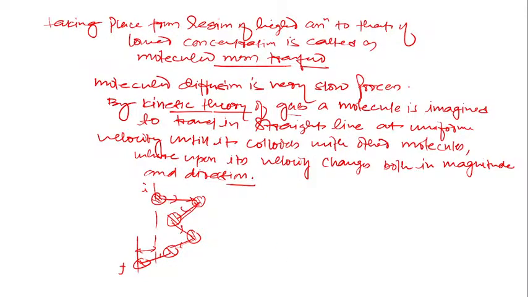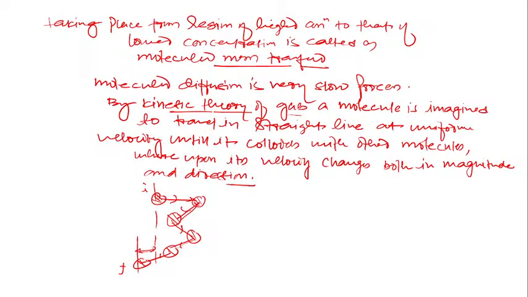But the actual displacement of the molecule from its initial to final position is a very small fraction of the total distance. Yes or no? It started here, and finally reached here. Why? Because continuous collision is there.